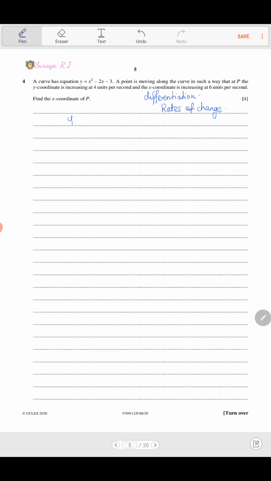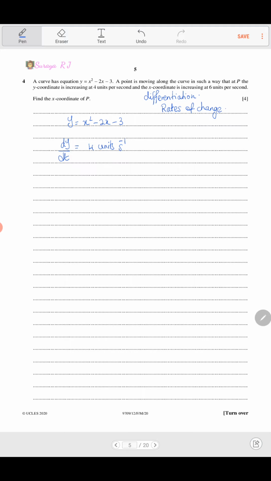So the equation of the curve is y is equal to x squared minus 2x minus 3. Next we have at P, the y-coordinate is increasing at 4 units per second. So this is a rate of increase of y. This can be written as dy by dt is equal to 4 units per second.